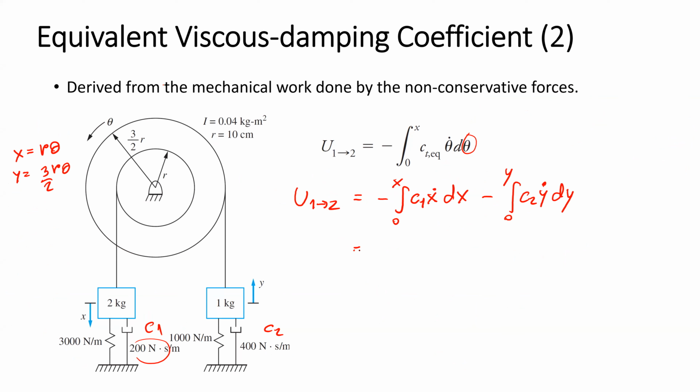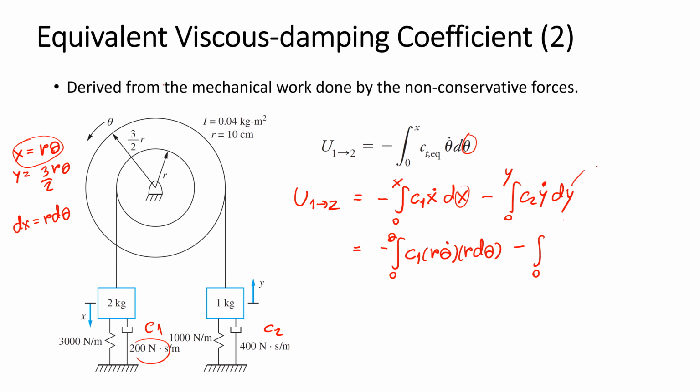So when we change from x to theta, theta will go from 0 to theta, and x dot is r theta dot, dx equals r, a constant, times d theta. How about y?